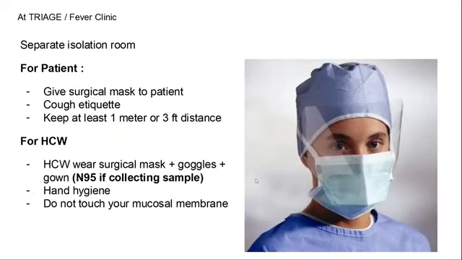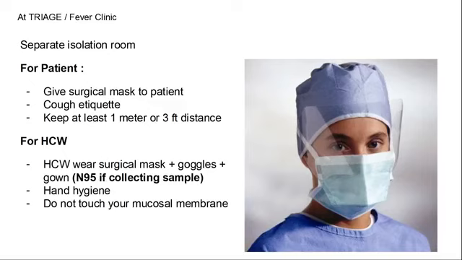So let's move on. If you're working in the fever clinic in the OPD, or you are in the triage room in the emergency, and you are getting COVID patients, then always see them in a separate isolation room. As soon as the patient walks in, give the surgical mask to the patient, have the patient follow cough etiquette, keep the patient 1 meter or 3 feet away, and the healthcare worker should be wearing a surgical mask, and don't forget to wear goggles or face shield, and also a gown.